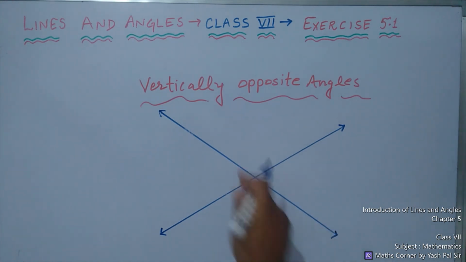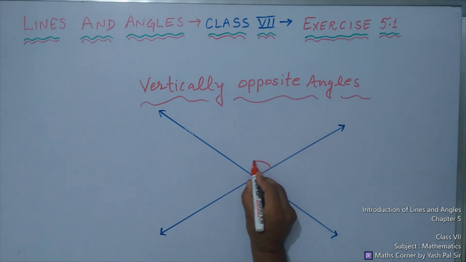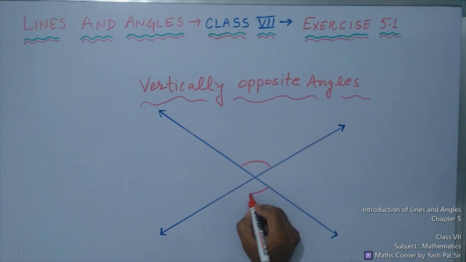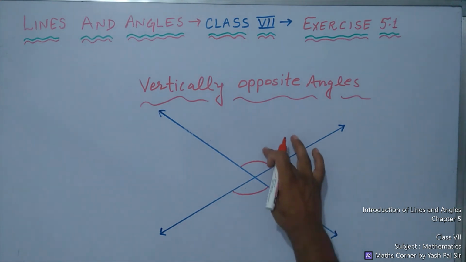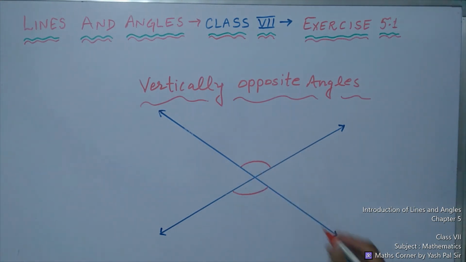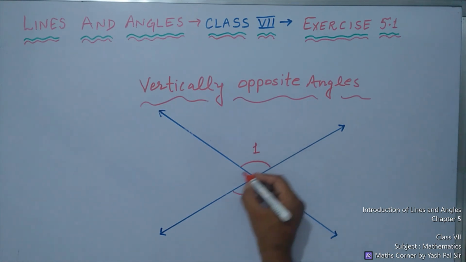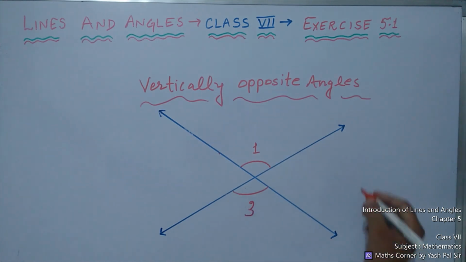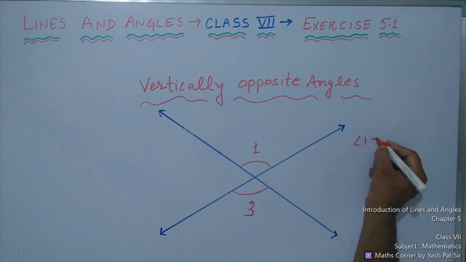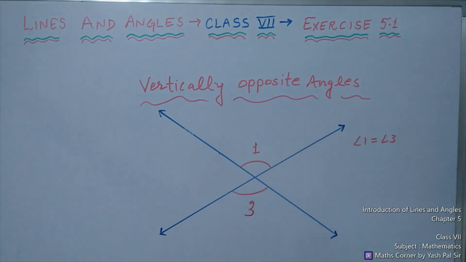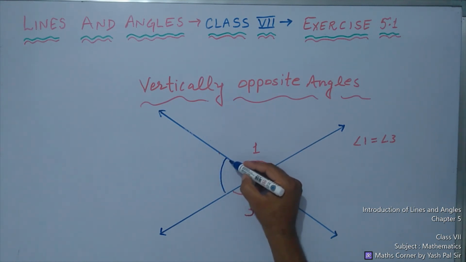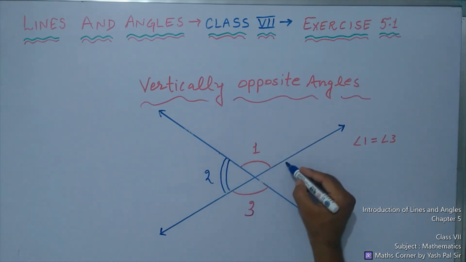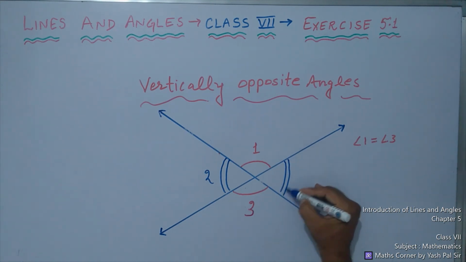Now, vertically opposite angles. Here, this angle is equal to this angle. These two angles are equal. If this angle is 1 and this angle is 3, then we say angle 1 is equal to angle 3. Similarly, if this angle is 2 then this angle will be equal to 4.